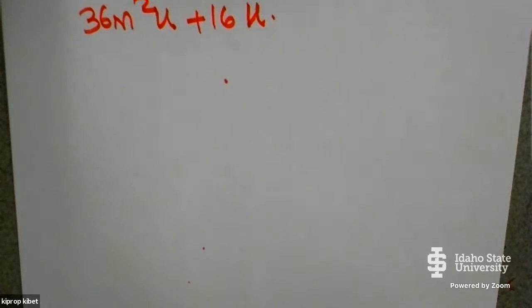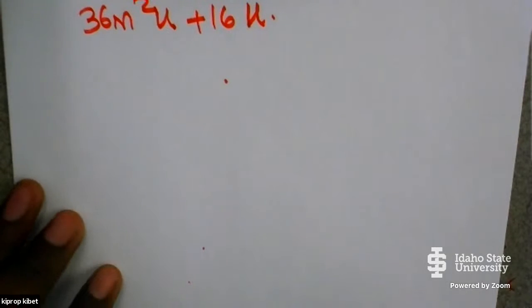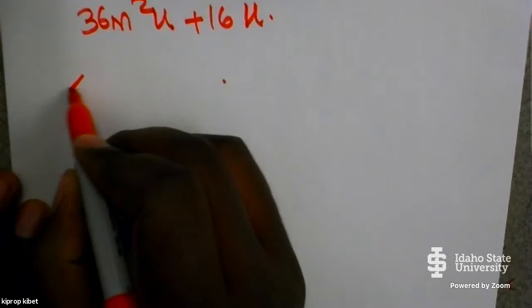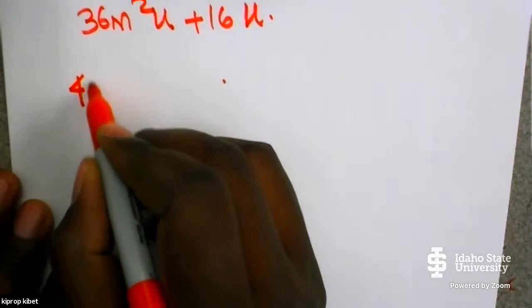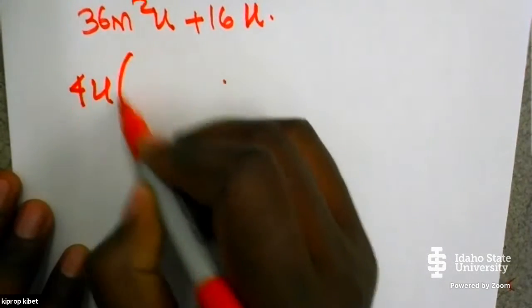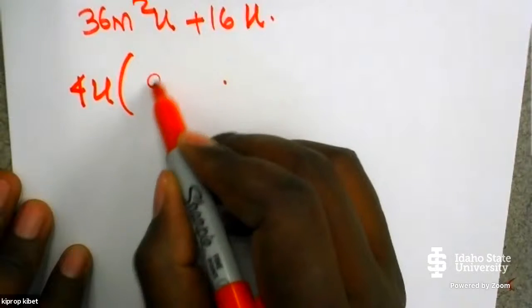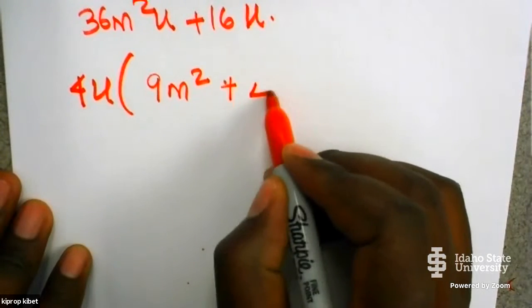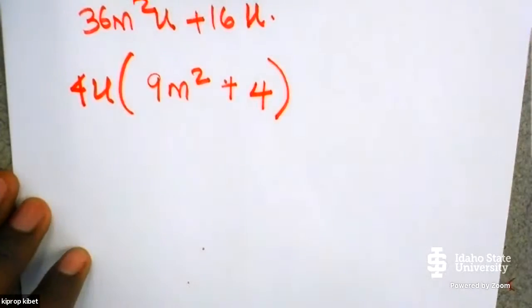So again, similar to the previous one, when we factor out 4u, all right. When you remove 4 outside, what would remain? So for u, this one is 9m square plus 4.